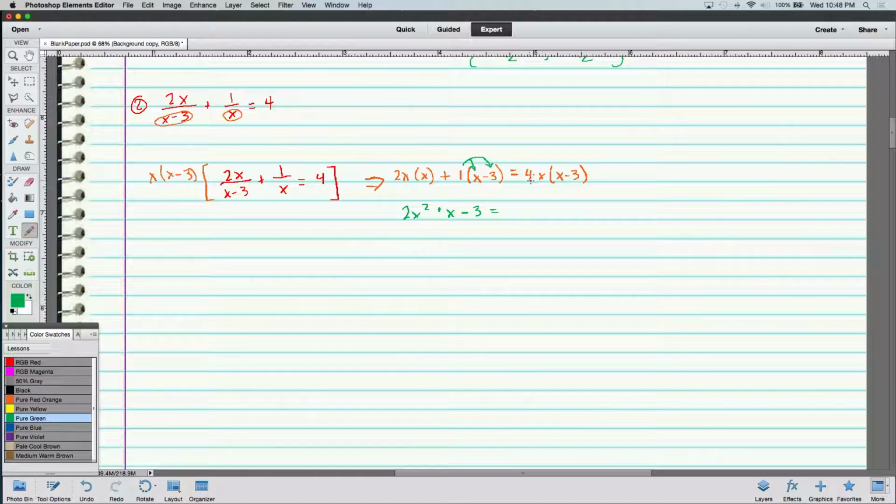Well, 4 times x is just 4x. So 4x, we go on to distribute that to each one on the inside. 4x squared minus 12x. Now we start to see that this is going to become a quadratic.